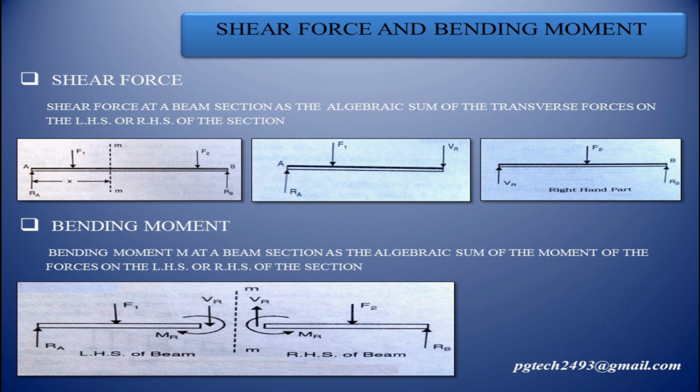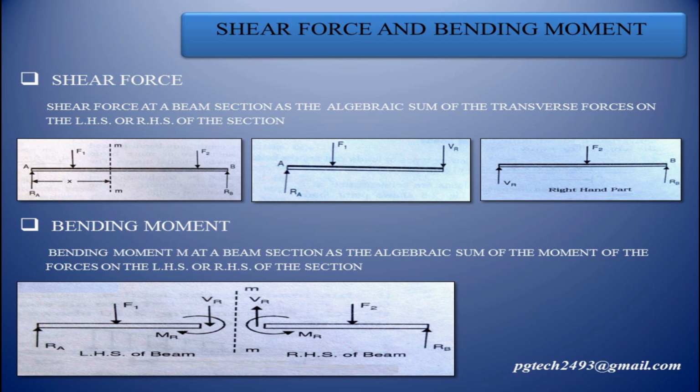In order to balance, a resistive force is to be developed at the beam section. The magnitude of the resistive force is the same but opposite in direction. The same thing we can find if we analyze the beam on the other side of the equilibrium. Thus, we can define shear force at a beam section as the algebraic sum of the transverse forces on the left hand side or right hand side of the section. Bending moment.